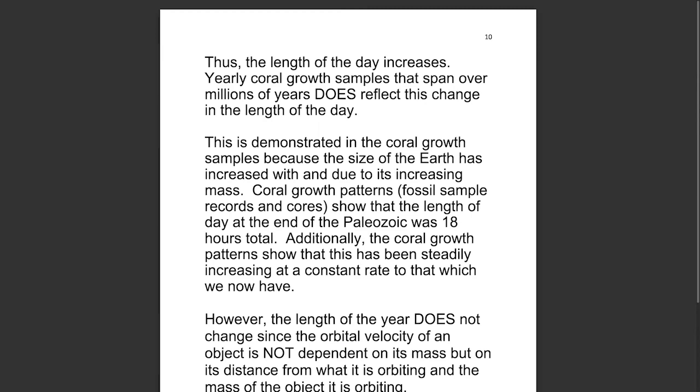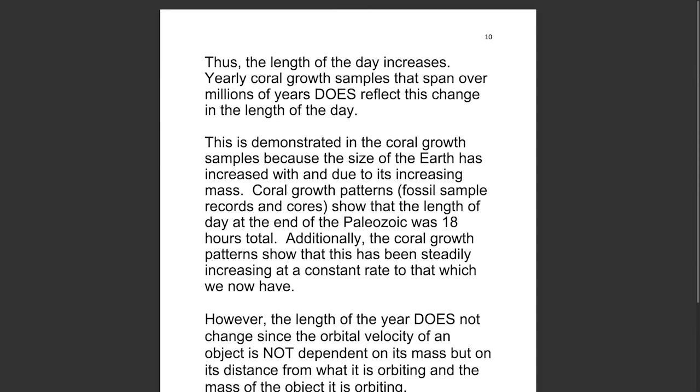Coral growth fossil samples, records and cores show that the length of the day at the end of the Paleozoic was 18 hours total. Additionally, the coral growth patterns show that it has been steadily increasing at a constant rate. In other words, the length of time that the coral has to grow is increasing at a constant rate and has increased to what we now have, approximately 24 hours and a little bit more.